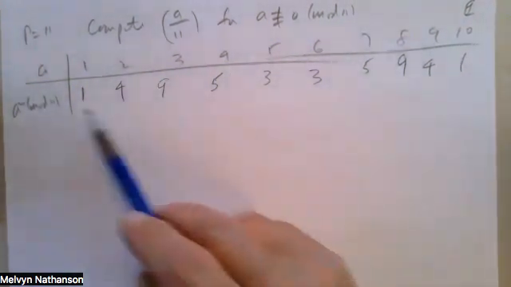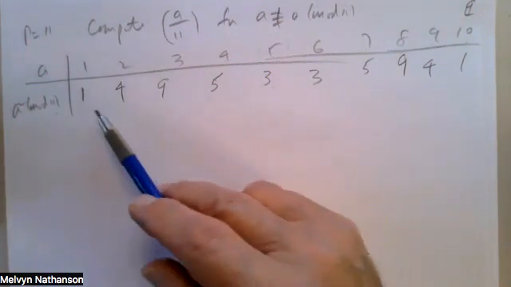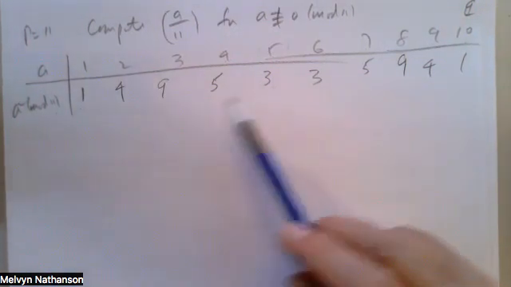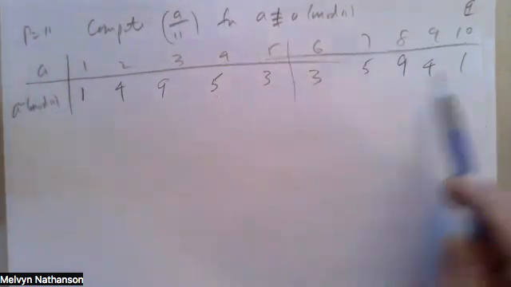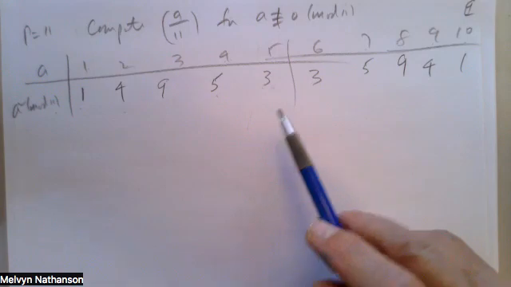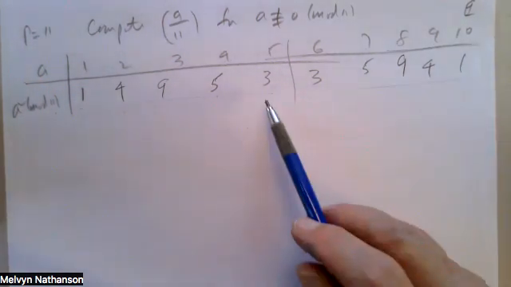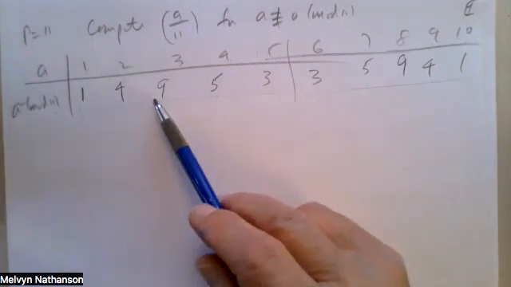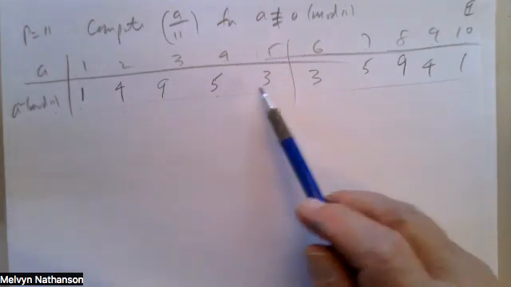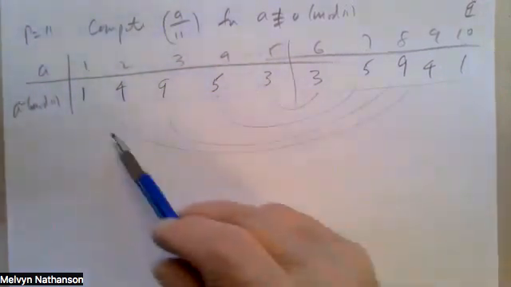When you square them, you get these 10 numbers. And you notice there are only 5 different numbers, 1, 3, 4, 5, and 9, and each occurs twice. In fact, if you look at the first 5 numbers and the next 5 numbers, you go 1, 4, 9, 5, 3, and then you go backwards the same way. It's kind of symmetric.